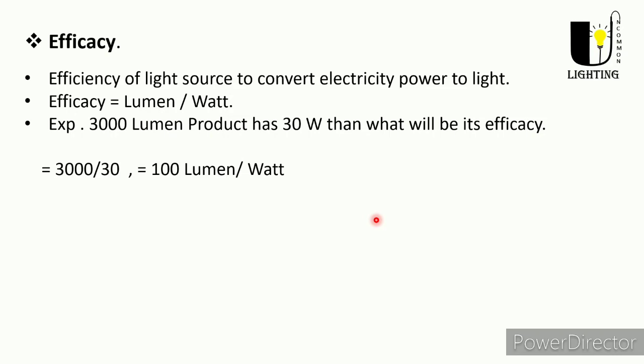The higher the efficacy, the more efficient the product. So efficacy is the efficiency of a light source, and the higher the efficacy, the better the product. Nowadays efficacies are more than 100, 120, 150 for different applications. We have different products and different efficacies available in the market.